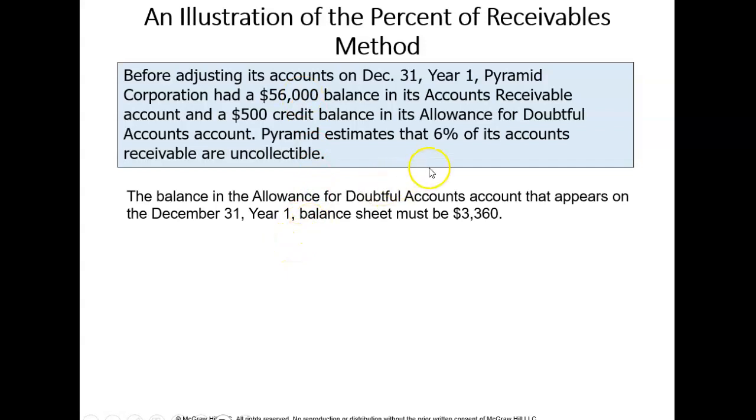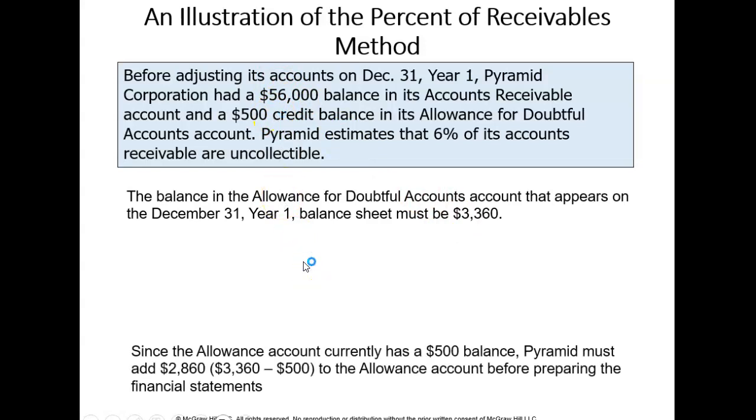So if you take 6% times $56,000, that gives us $3,360. However, there's a balance of 500 already in the allowance for doubtful accounts.